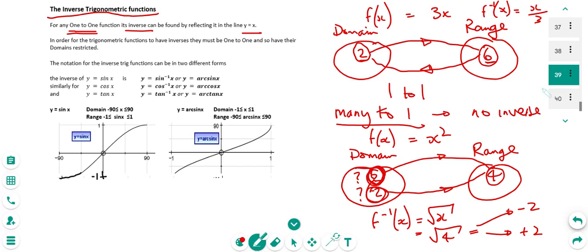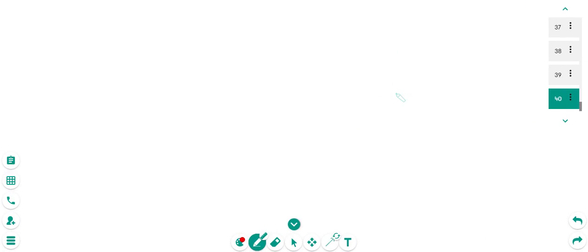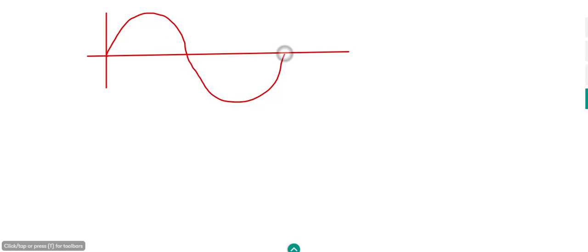If we try and now look at how that applies to a sine graph, so we're very familiar with this now. So here's the sine curve, and it obviously continues to plus and minus infinity in terms of the angle, and goes between +1 and -1.